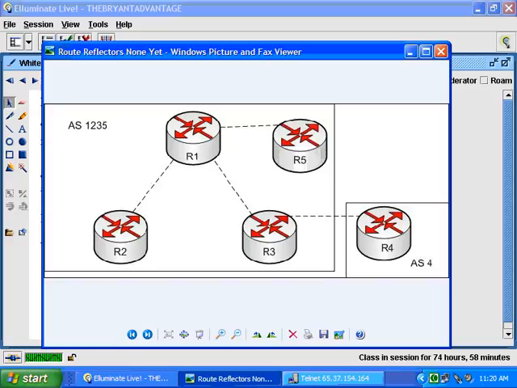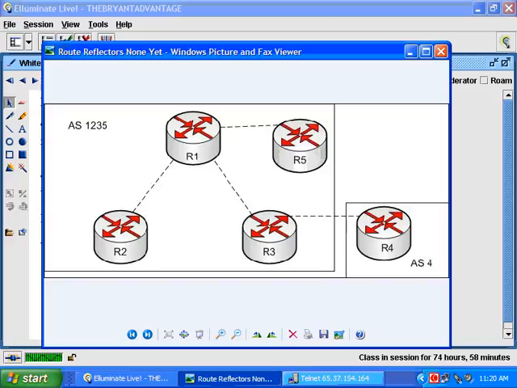And one question always leads to another in Cisco. Welcome to Cisco certifications. When you answer one question, it creates two more. If we create a full mesh in AS 1235, how many separate TCP connections will that require? I know you remember the port number too, right? Port number 179. How many separate TCP connections will be required in AS 1235 if we don't use a route reflector?